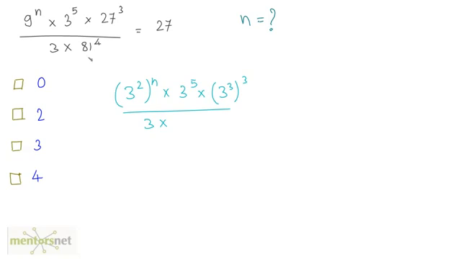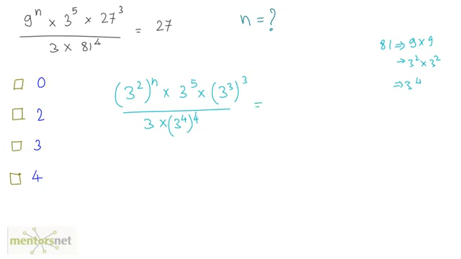Let's express 81 in terms of 3. So 81 is 9 times 9, so 9 is 3 square times 3 square is again 9. So 81 is 3 raised to 4. So I can write 81 as 3 raised to 4, then it is raised to 4.